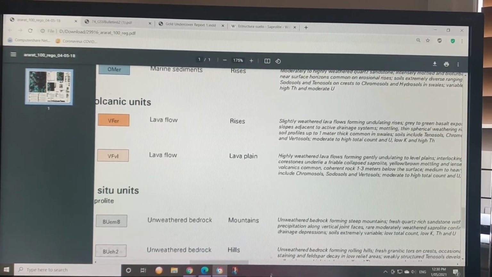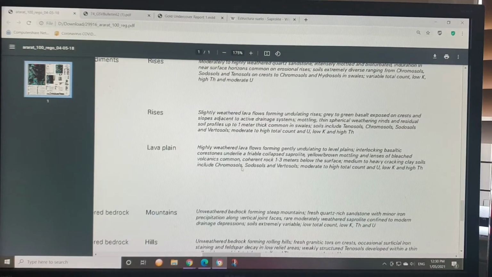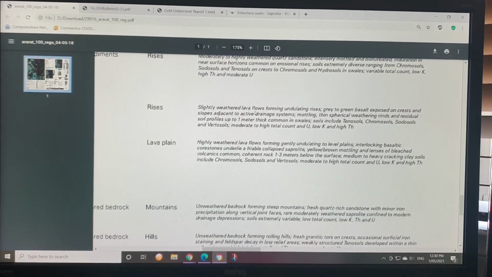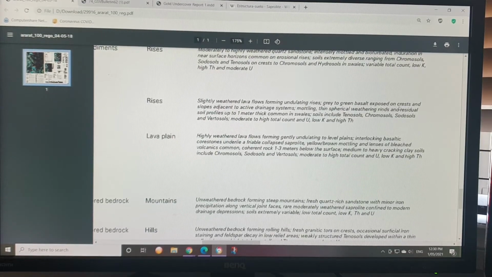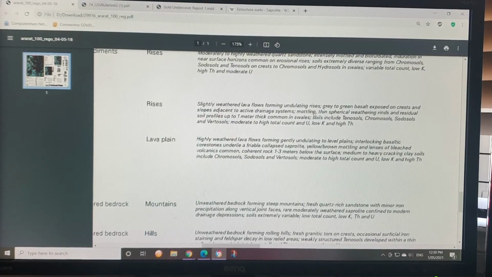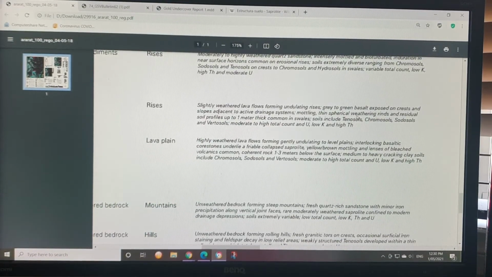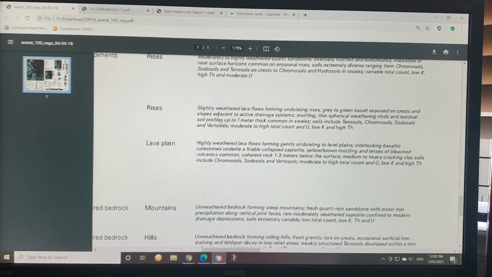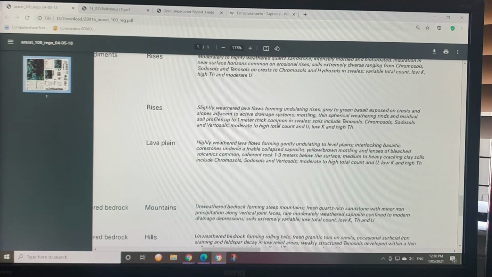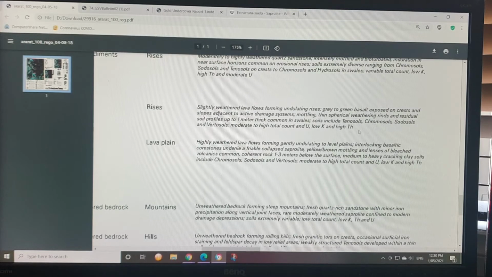So rises, so they're slightly elevated, slightly weathered lava flows forming undulating rises, grey to greenish basalt exposed on crests and slopes adjacent to active drainage systems, mottling thin spherical weathered rings and residual soil profiles up to 1 meter thick. Common in swales, soils include ten soils, chrono soils, sod soils, and vert soils. You need to actually learn about different soils.